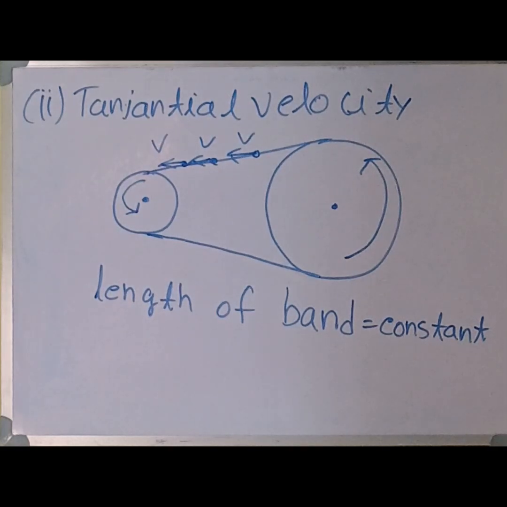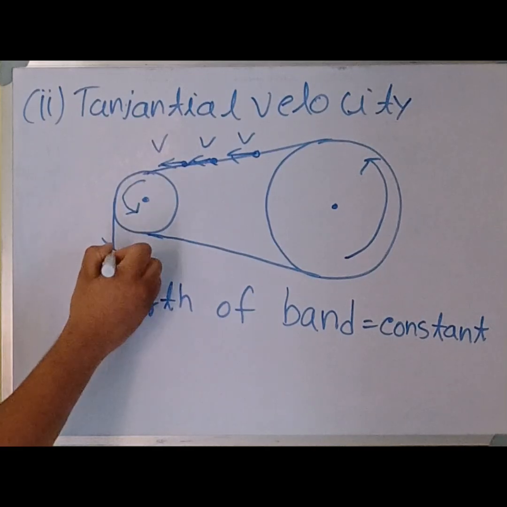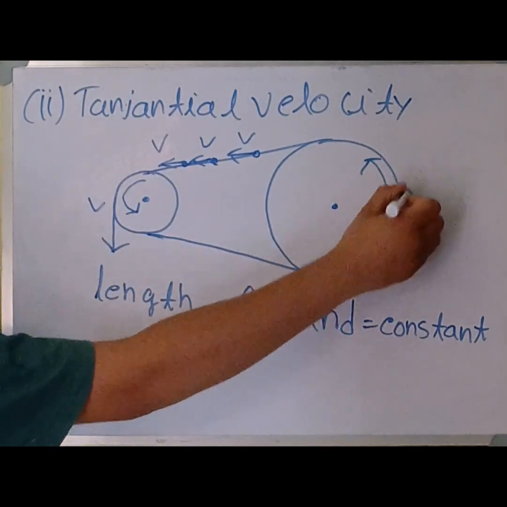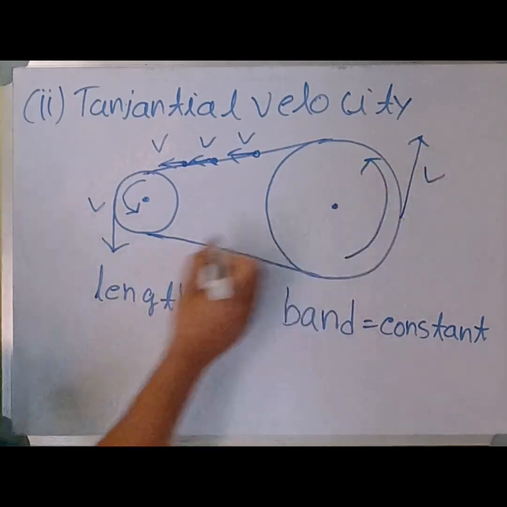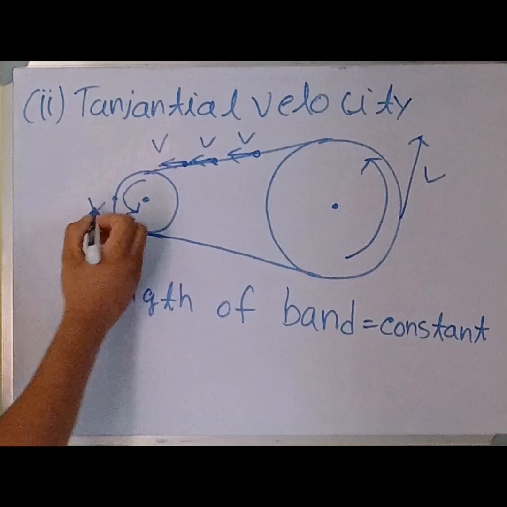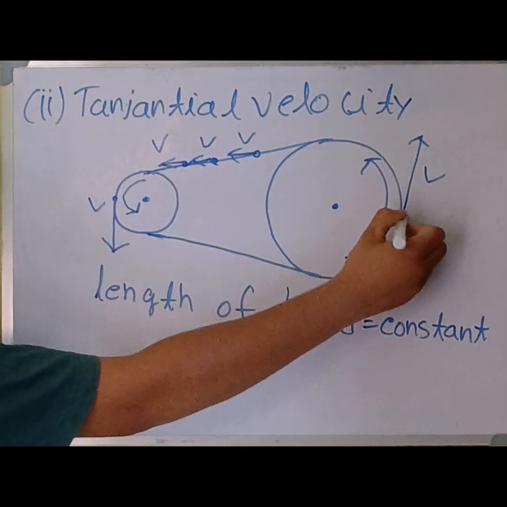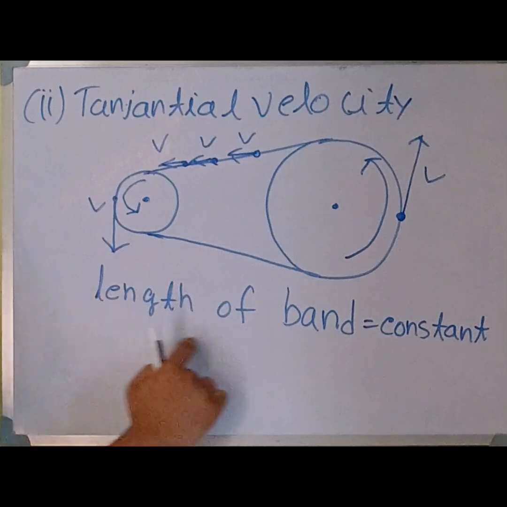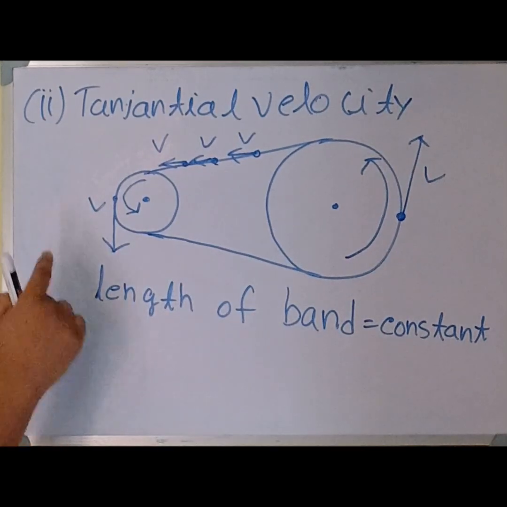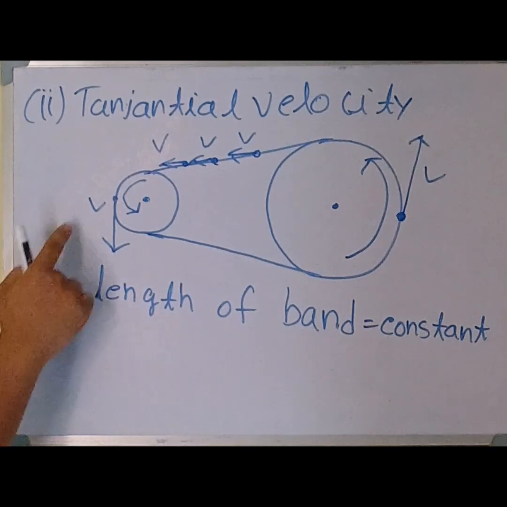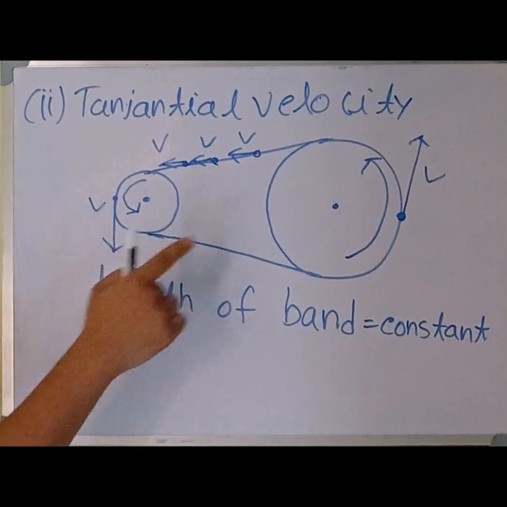That means the tangential velocity, I mean, if you consider a small point on this band at the circumference of the small wheel and a small point on the circumference of the bigger wheel, and the length of the band remains constant, then the velocity in the direction of rotation should be the same in both cases.